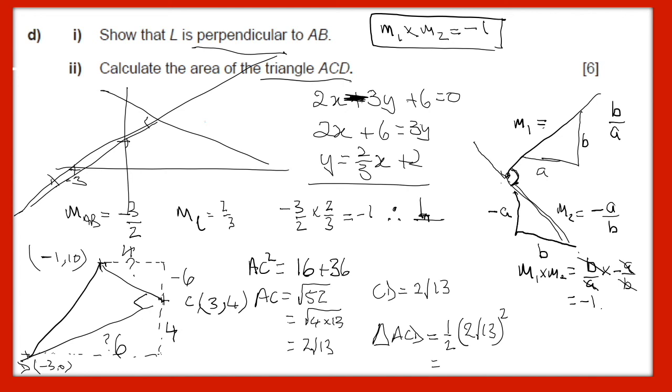Well, if you think about it, I've got AC is equal to root 52, so therefore CD is equal to root 52, and root 52 times root 52 is 52, and 1/2 of 52 is 26. And because I don't know what the units are, 26 units squared, end of question, end of piece of work.